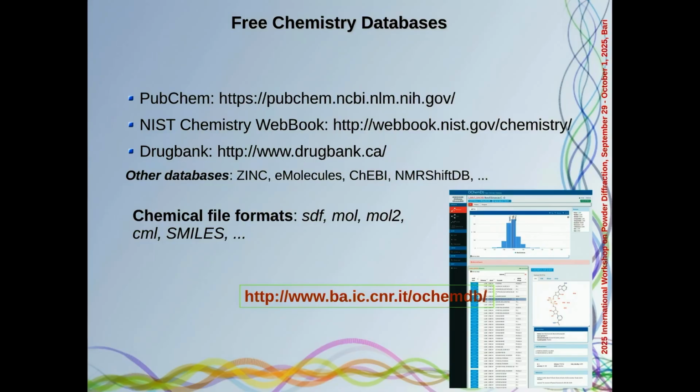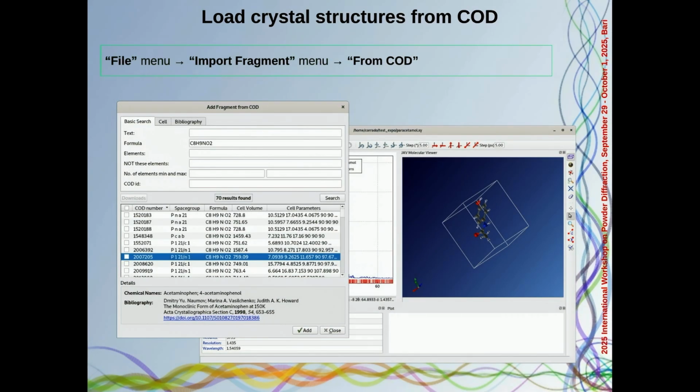In particular, from PubChem you can download a three-dimensional representation of the molecule, such as an SDF, MOL, or MOL2 file, or you can find the SMILES string of your compound. So you can download files that will then be imported into the software you use for the real space methods. In EXPO, there is a graphic tool that you can use to build a query for the Crystallography Open Database and directly import the crystal structure into the software.